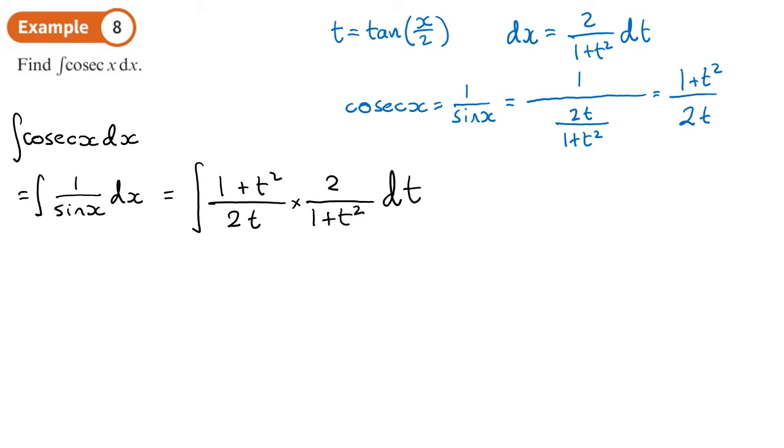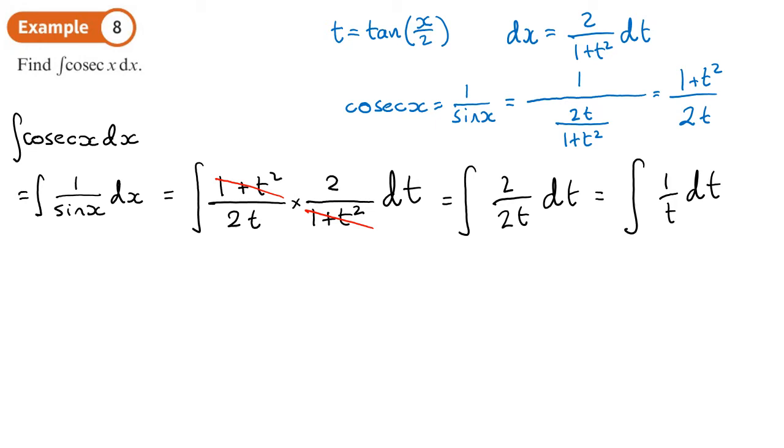Now I can see what will happen is these will cancel out, just leaving an integration of 2 over 2t dt, which just becomes 1 over t dt.